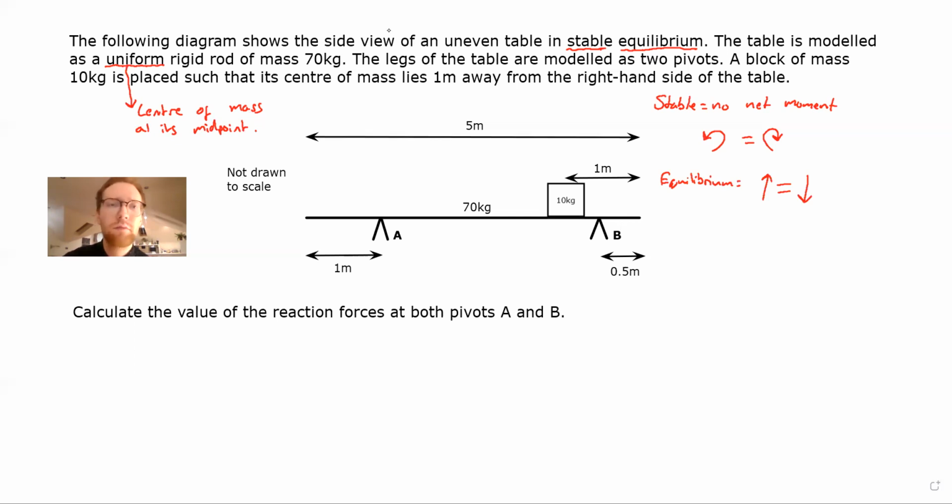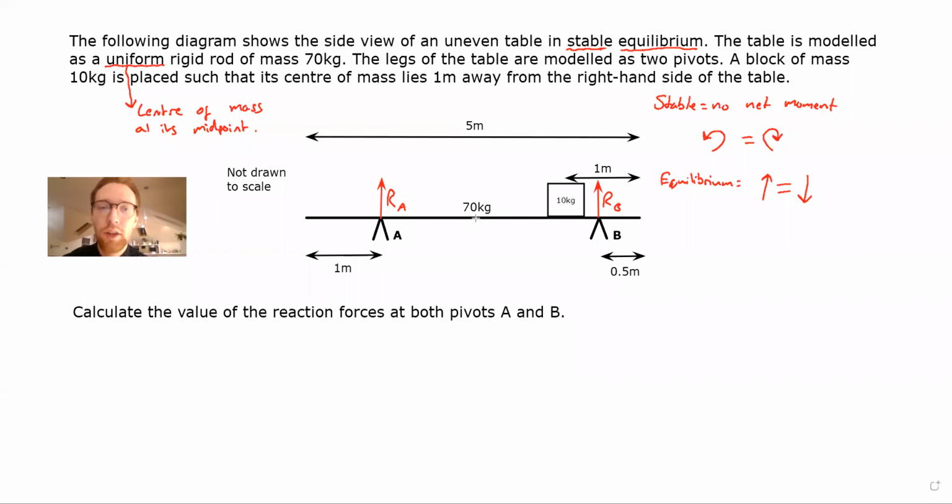So now, let's start by labeling on the forces that we know exist. So the forces at play here are obviously the reaction force at A and the reaction force at B. So we'll label these RA and RB. We're going to think about the other forces that we can label on this diagram as well.